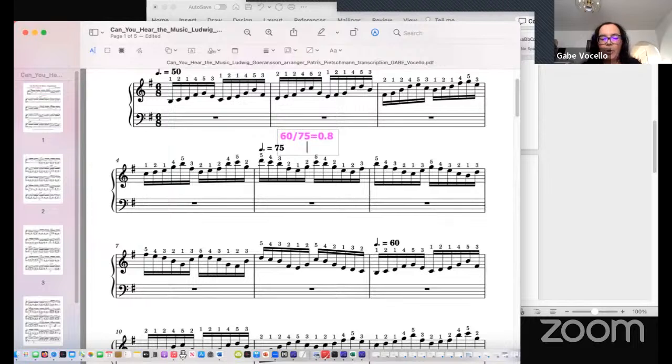So 0.8 multiplied by 2 is equal to 1.6 seconds. But I need to know for 4 measures, so 1.6 multiplied by 4 is equal to 6.4 seconds. The duration of measures 5, 6, 7, and 8 is 6.4 seconds.